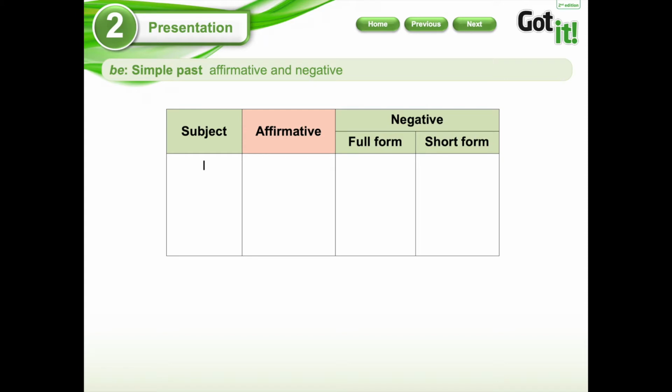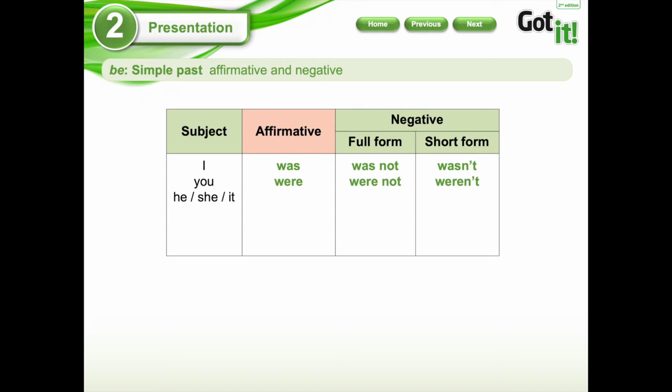I have the subject I, and the affirmative form was, okay? And in negative form is was not, the full form, and the short form is wasn't. Then we have you. We're going to use were. The full form in negative is were not, weren't.